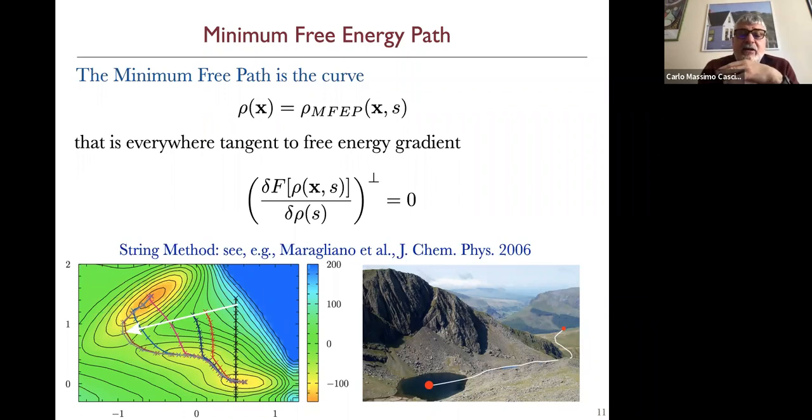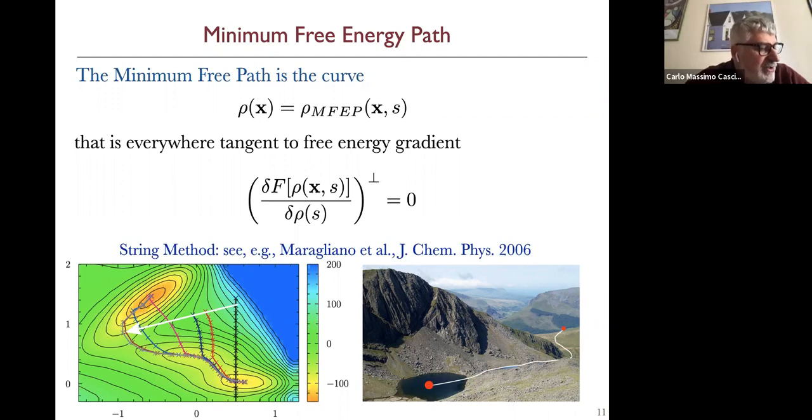And this has been done. The algorithm is called the string method, and you may find more details in the review paper by Maragliano et al., published in the Journal of Chemical Physics 2006. In practice, what happens in discrete terms is that you discretize the density field such that your field becomes now a huge vector. So the free energy is now a scalar function of this huge vector. And then you evaluate the gradient of this free energy with respect to the discrete variables.